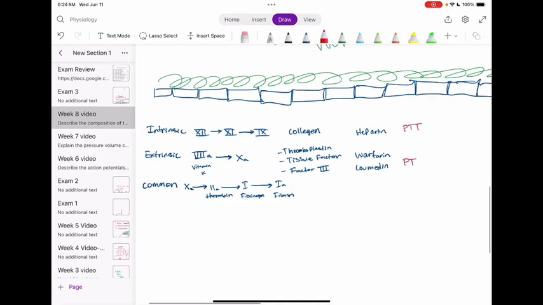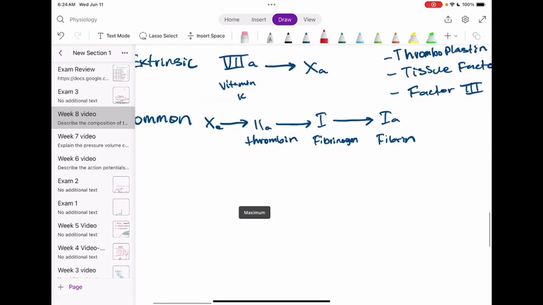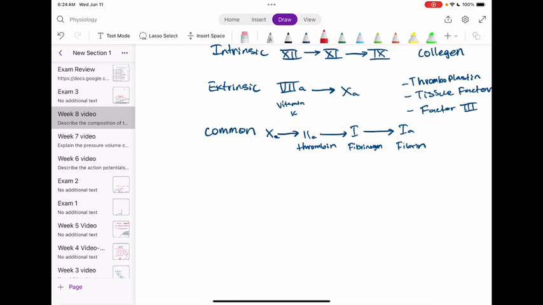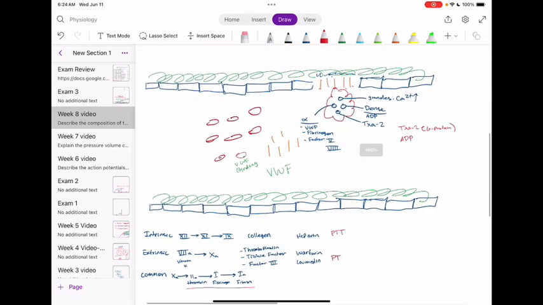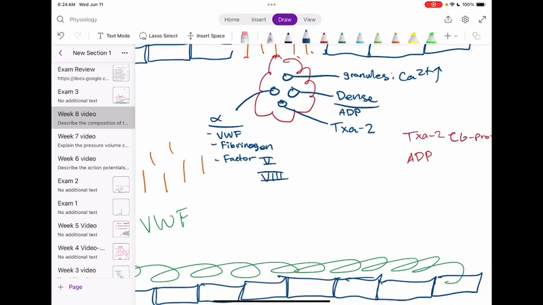And so the way this works, we call it the clotting cascade because what's very vital in this whole process is this common pathway, which you can see is at the tail end of it. We have thrombin, fibrinogen, and fibrin. And what fibrin does when we are clotting, it's super vital in connecting these platelets together.